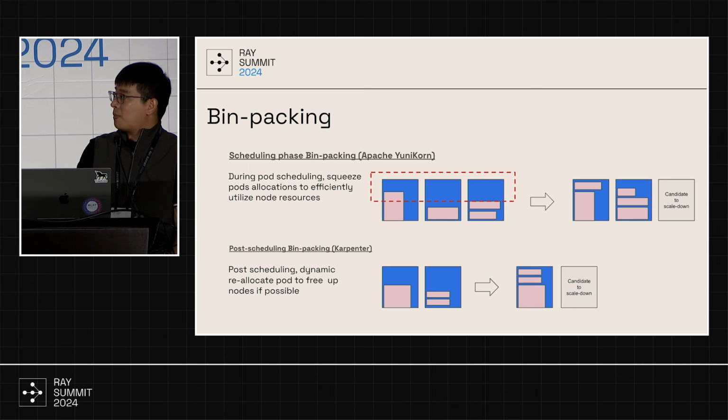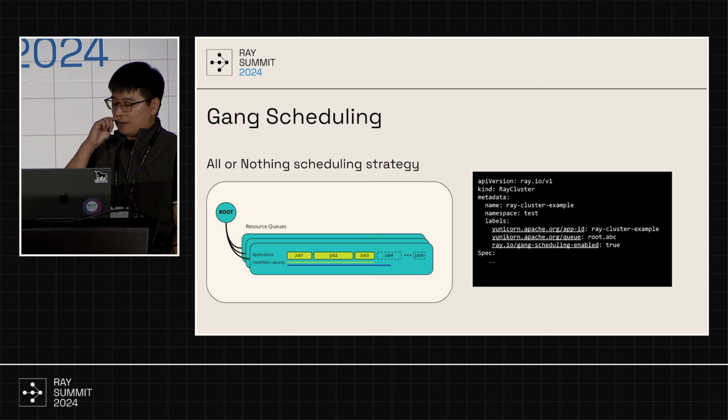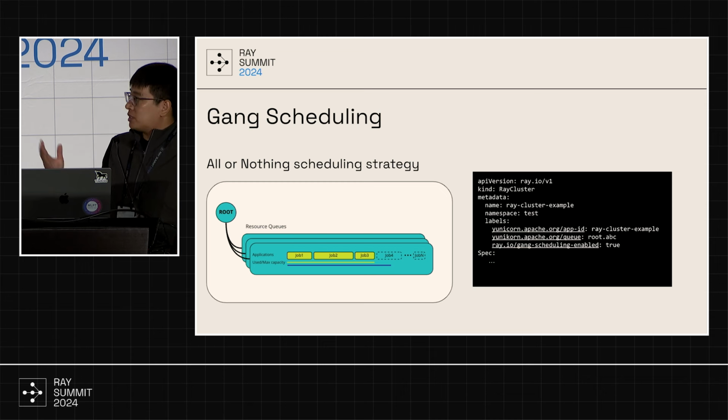And gang scheduling is a very important feature, and this will also be coming as the upstream Kubernetes offering with the YuniKorn integration. And it's very simple, you just need to provide a label on your CR, setting the gang scheduling enabled label to true, and then it will give the YuniKorn scheduler a heads up: I want to enable gang scheduling for this application.